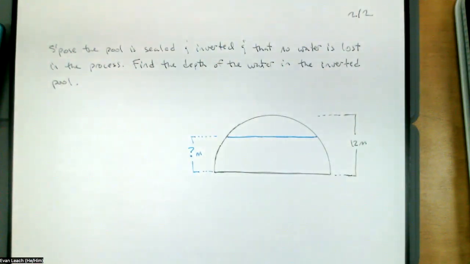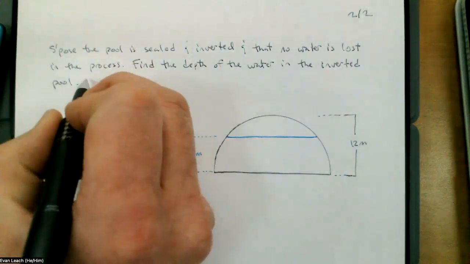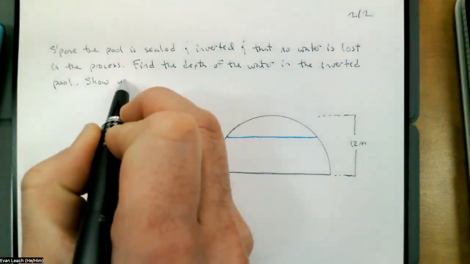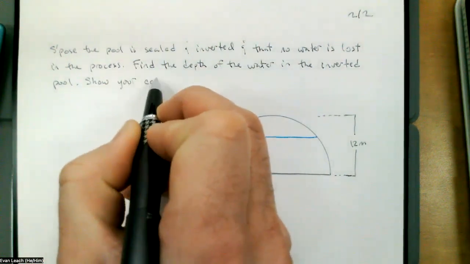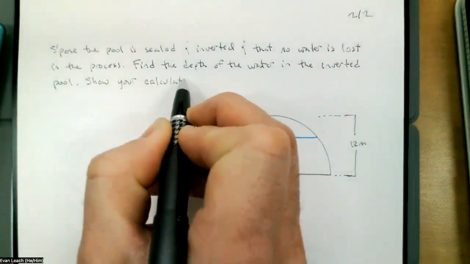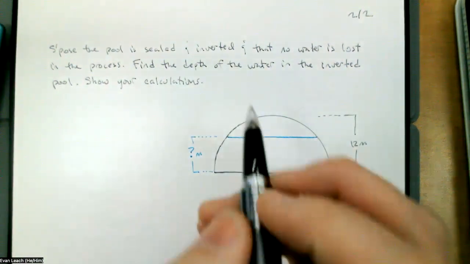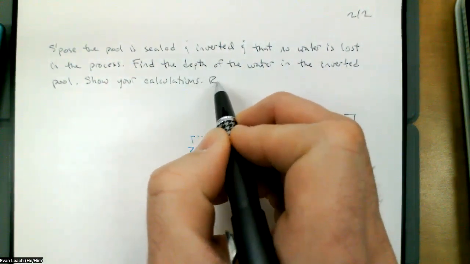You can tell that I'm not going to be finishing this problem today because I'm about to write, show your calculations. And I'm going to say round your answer to 3 significant figures.